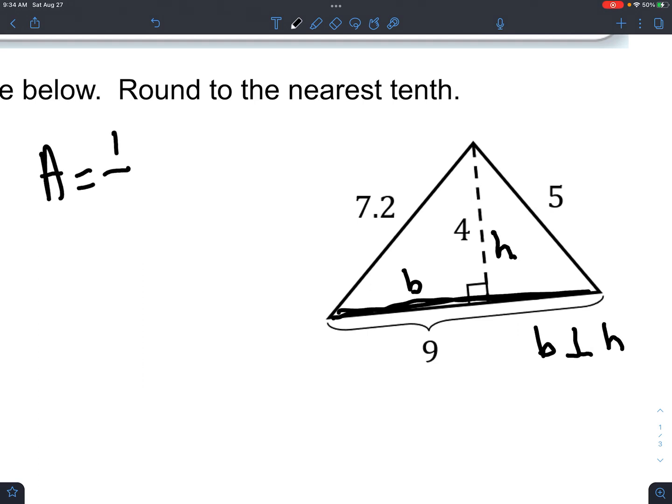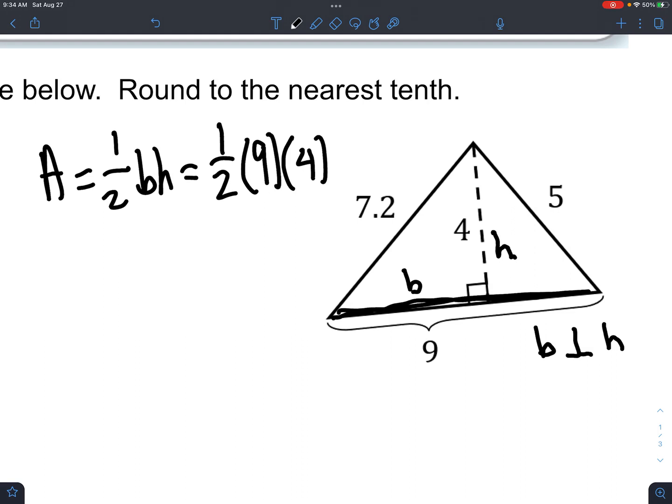So when we find area and it's 1/2 base times height, we choose the height, which is 4, and then the base has to go with it. It has to, like where the square is, basically. That's the right angle. So this is 18.